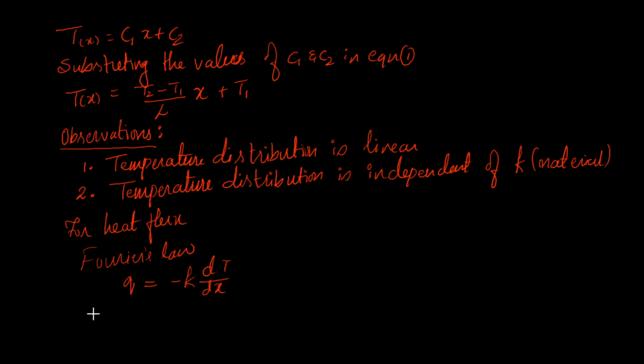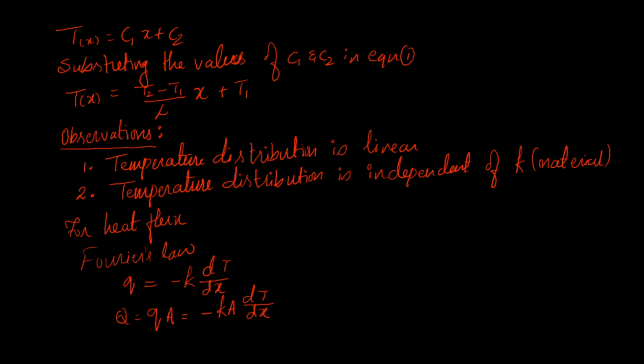Or if you want the total heat transfer rate, that is capital Q will be equal to heat flux into area. So I can write, which is minus K into A into dT by dx.